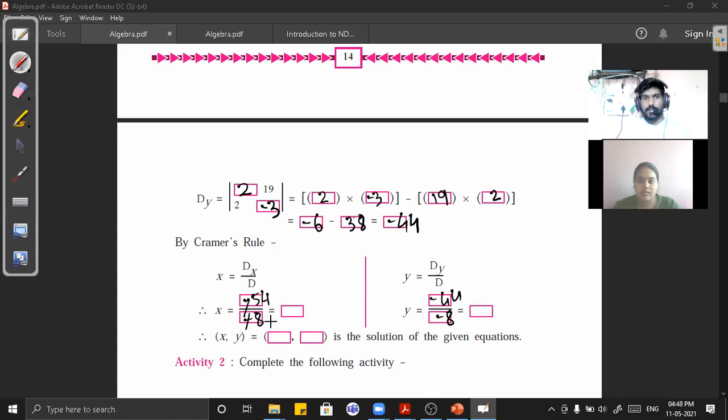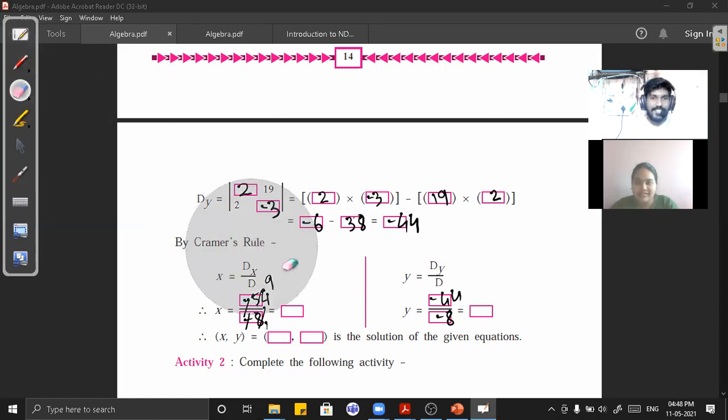6.75. What? 6? 8 nines are 54. So how much will be 54 divided by 8? 8 ones are 8, 8 nines are 72.